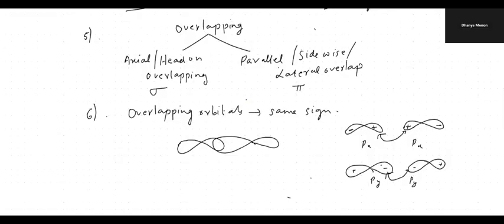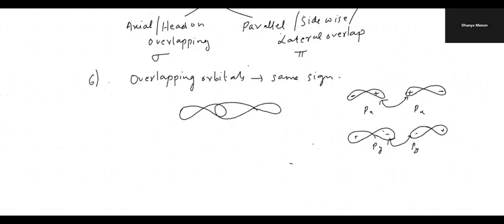If they are of different sign, they will not overlap. For example, if I have one with a positive sign and one with a negative sign, this will not overlap. No overlapping will take place here. Similarly, one more condition is that these two orbitals have the same orientation: px, px, py, py.